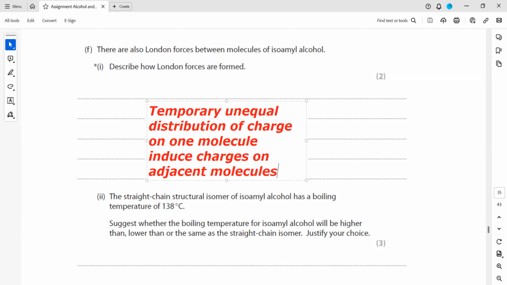So when the adjacent molecule gets a charge due to unequal distribution, as a result, we have London dispersion forces. This is a fixed answer you have to learn.